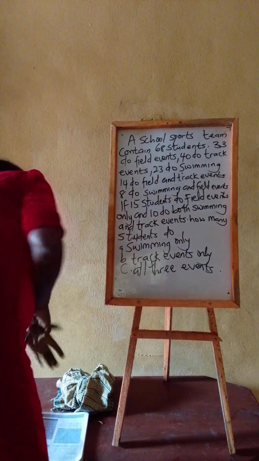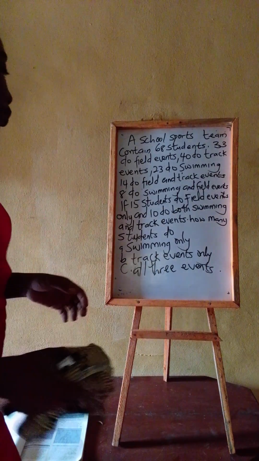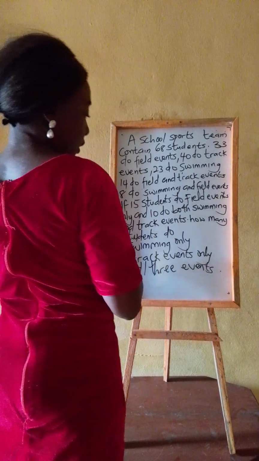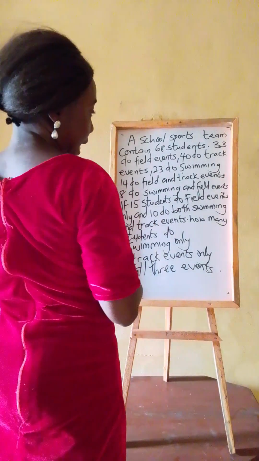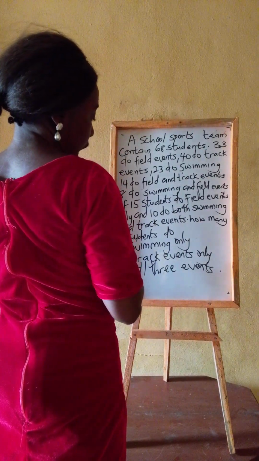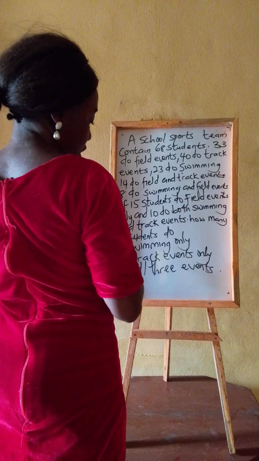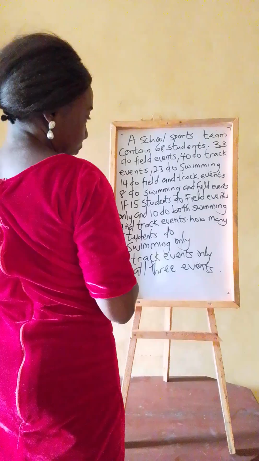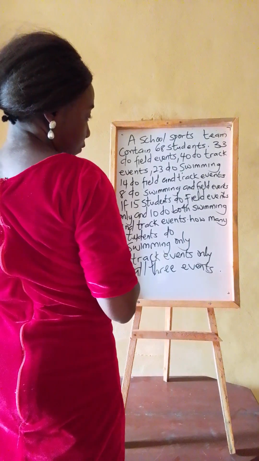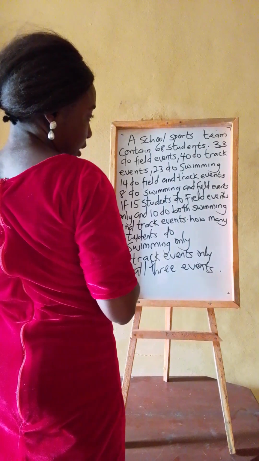So, what do we do? It's very easy. What we do is that we are going to find each, like we did the other time. We'll first of all represent it using a symbol.